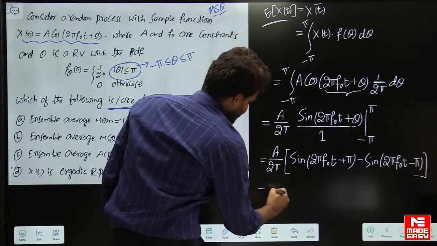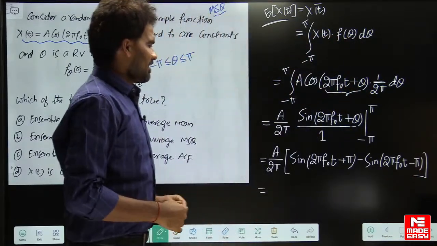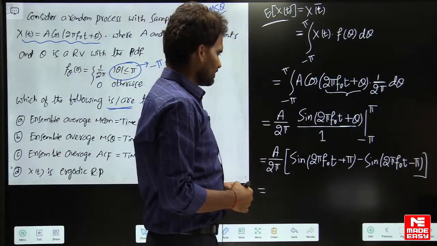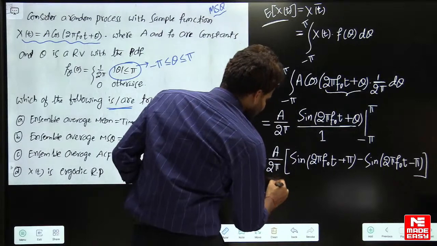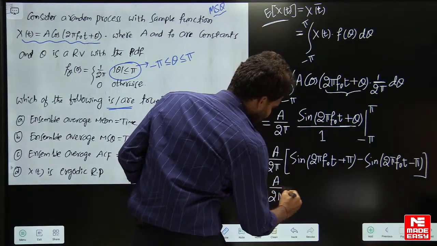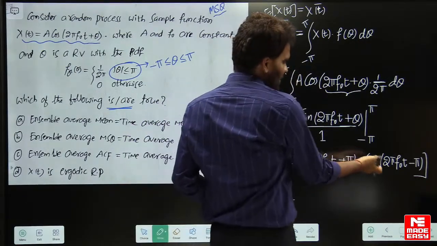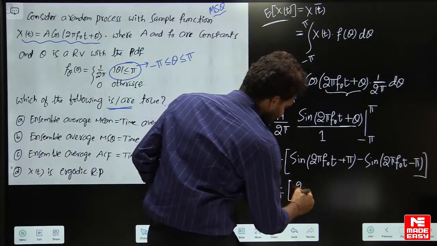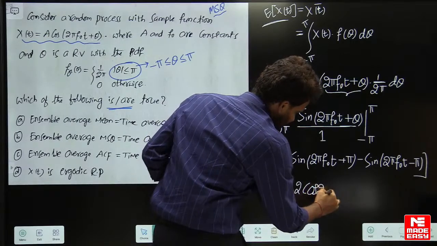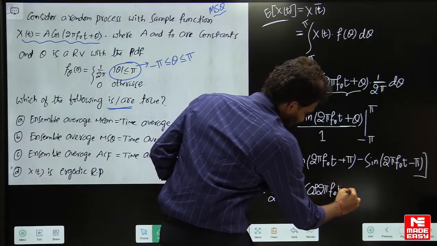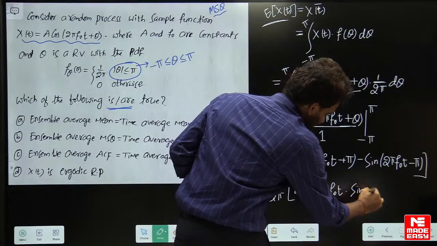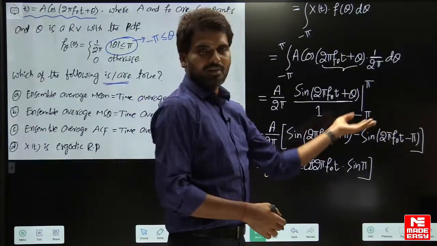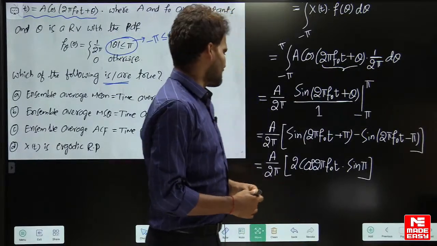This is in the form of sine(a plus b) minus sine(a minus b), which is 2 cos a sine b, here 2 cos a sine pi.